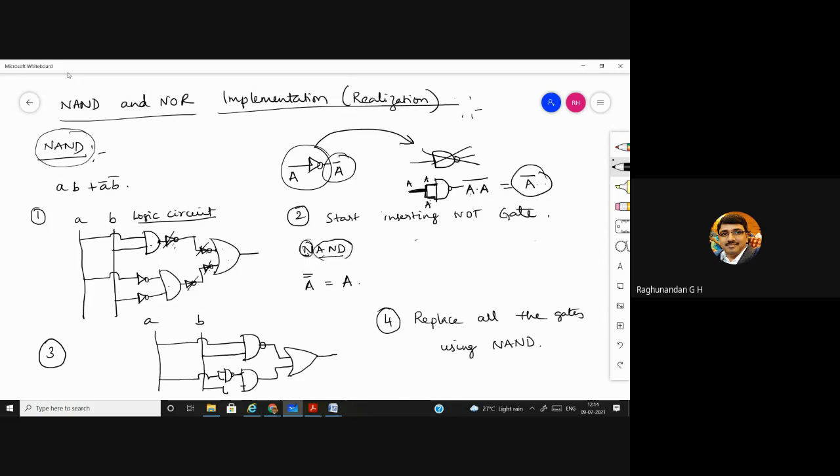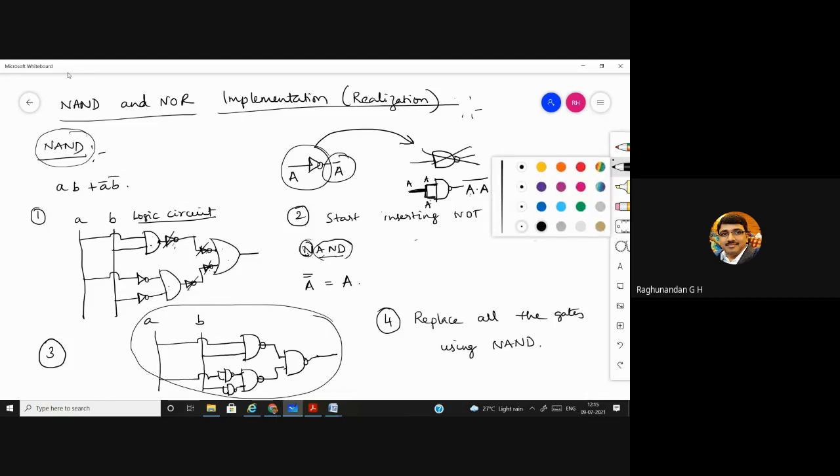Here also NAND gate, and OR gate we are having, so make that OR into NAND. Okay, so finally we have written a circuit where all the gates are replaced by NAND gates.